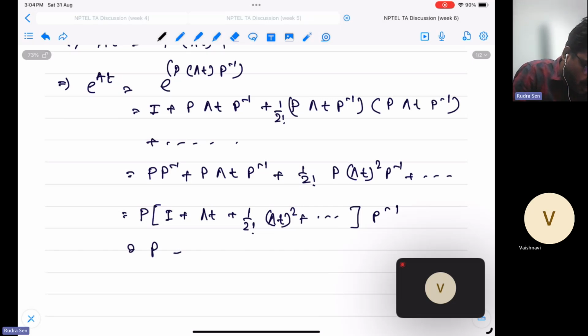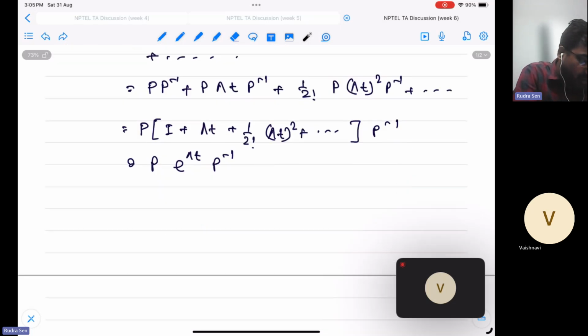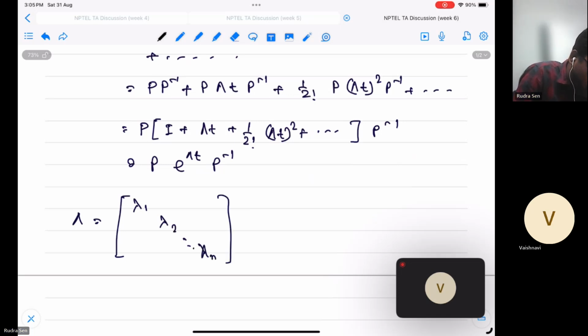So this is basically P e to the power lambda t P inverse. This middle term is a diagonal one. We know that lambda is in this format, lambda 1, lambda 2, and so on, with all the diagonal elements.